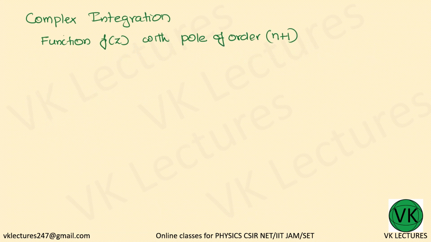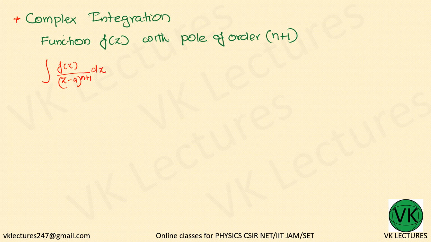Here we are going to see complex integration with the function f of z with a pole of order n plus 1, which means you have the integral of f of z divided by z minus a whole to the power n plus 1 dz.